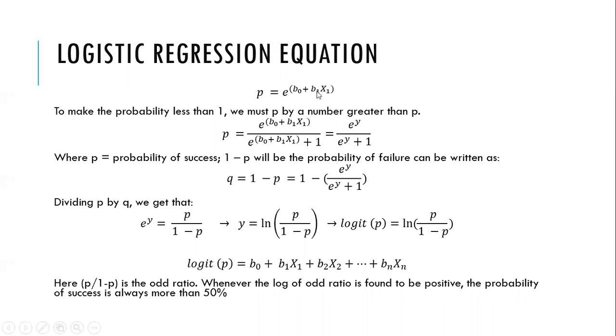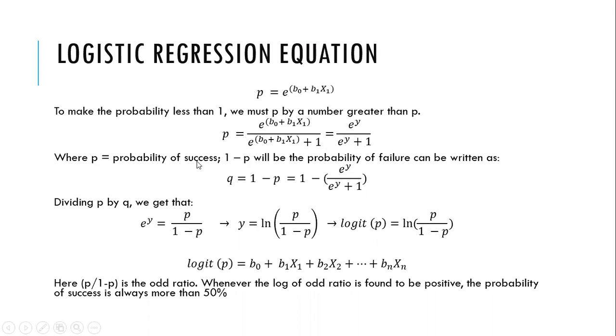To make the probability less than 1, because we want it to fall within the boundary of 0 and 1, we have to divide by a number that's slightly larger than our probability. So we take that value and divide by that value plus 1, which gives us e raised to the power of y, where y is this portion of the equation, divided by e raised to the power of y plus 1.